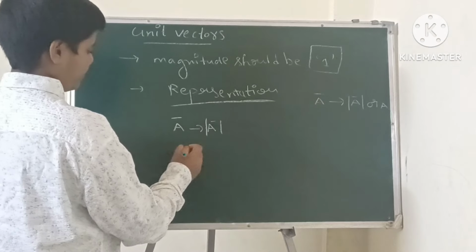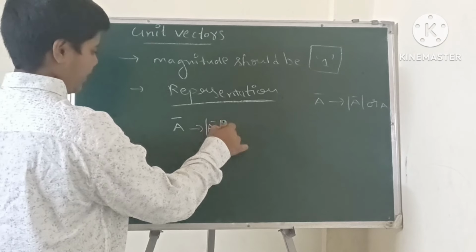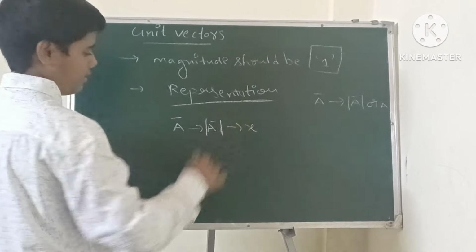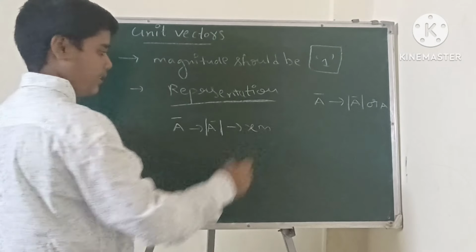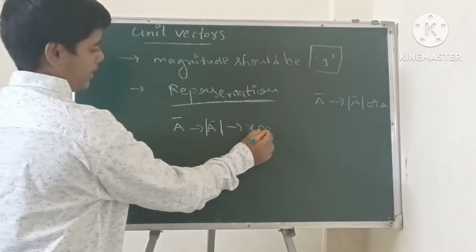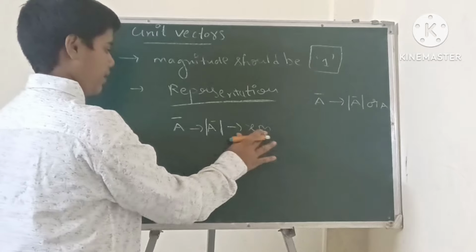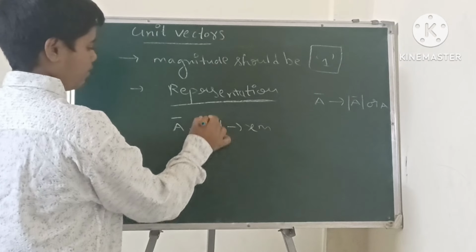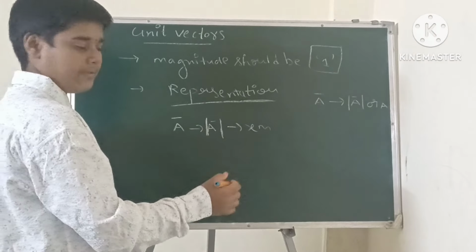So mod A can be x meters or x centimeters, etc. We can take any physical quantity. So I am taking x meters. So mod A will be x meters.